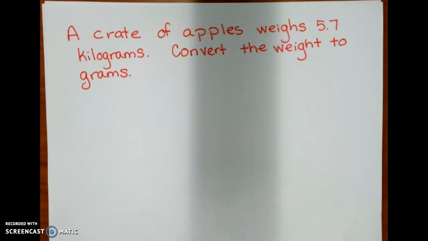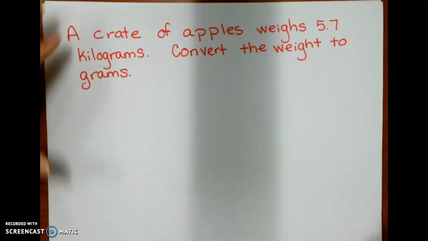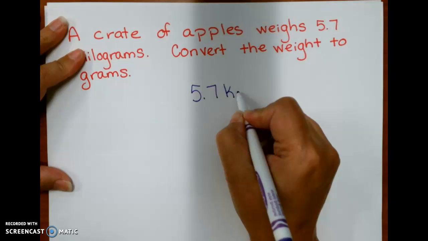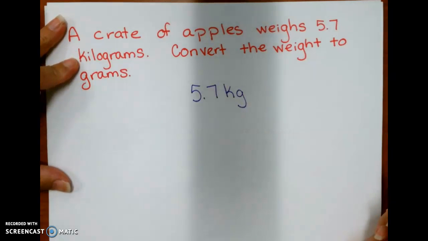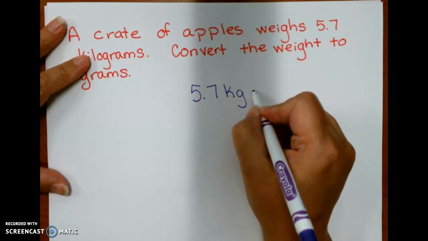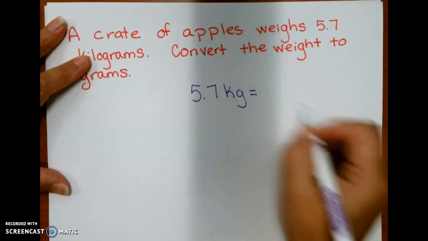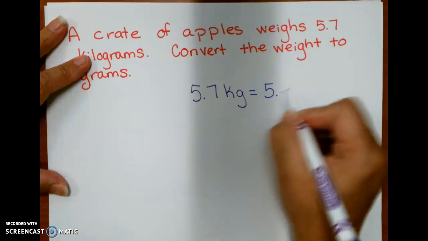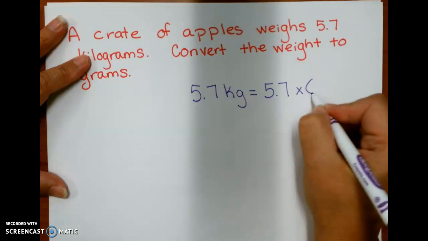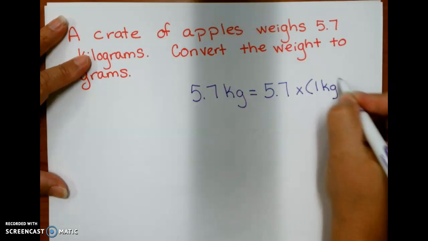Okay, this one's going to be a little bit trickier. We have a crate of apples that weighs 5 7/10 kilograms, and we want to convert the weight to grams. So I have 5 7/10 kilograms, which is written as kg, and that is equal to 5 7/10 times 1 kilogram.